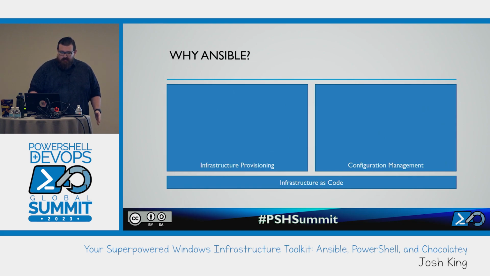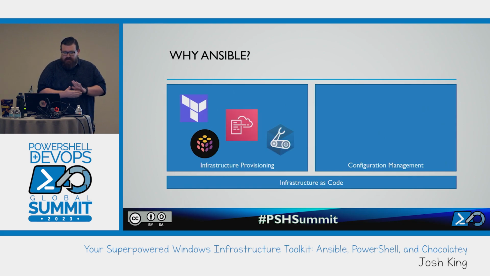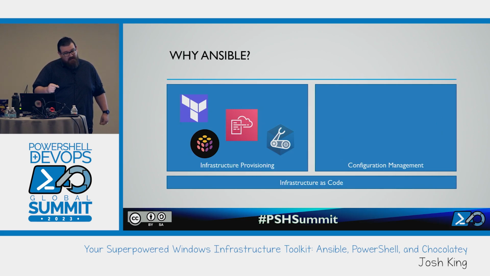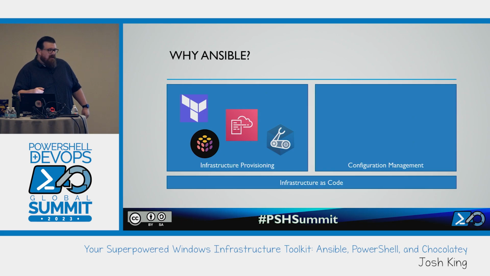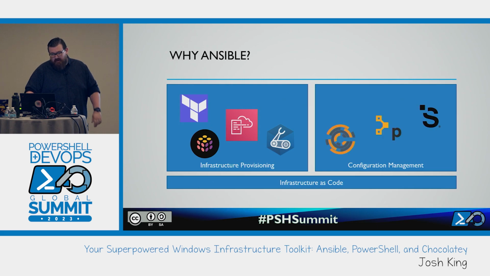And there's tools that specialize in each of those camps. On the infrastructure provisioning side, you've got tools like Terraform, Pulumi, AWS CloudFormation, I think. I of course just put the icons there and not the names of them. And then you've got ARM templates or Bicep as well. And over in the configuration management camp, you've got tools like Chef, Puppet, and SaltStack.